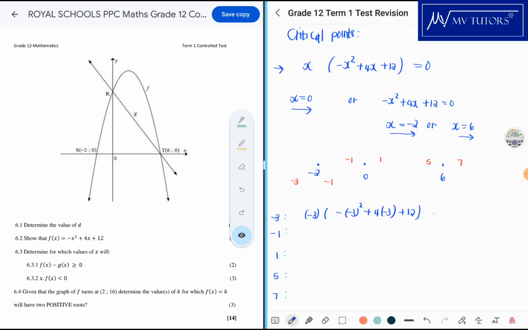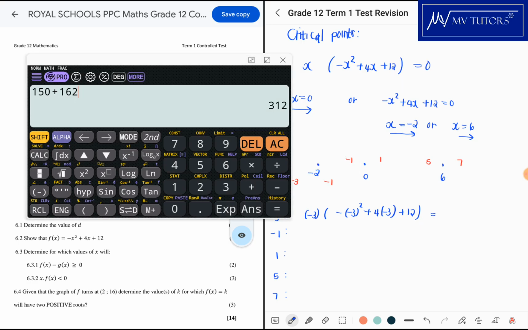What answer do we get? We get 27, and that is bigger than 0.